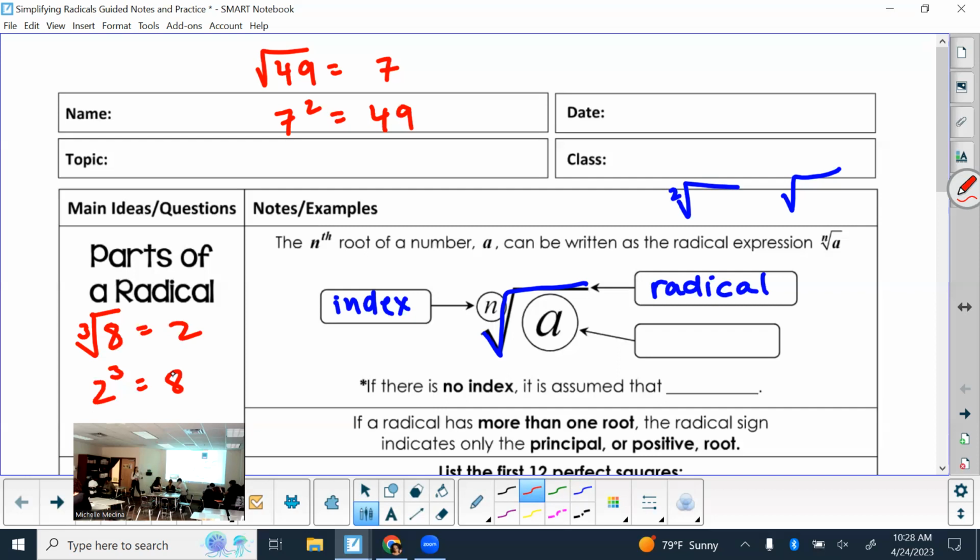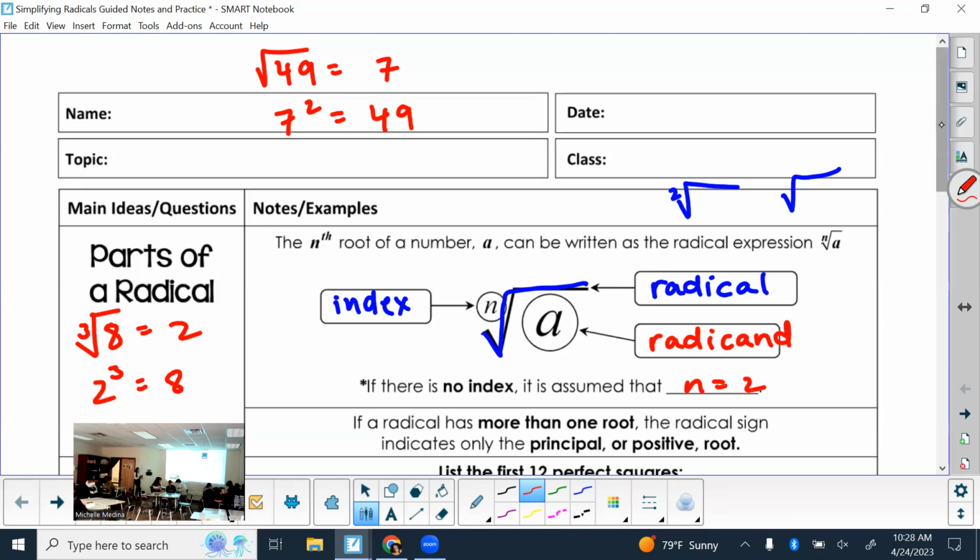Usually it's 2 if it's not written. And then the number underneath the radical symbol, usually I just call it a base, but it's actually called a radicand. And if there's no index, it's assumed that the index equals 2.